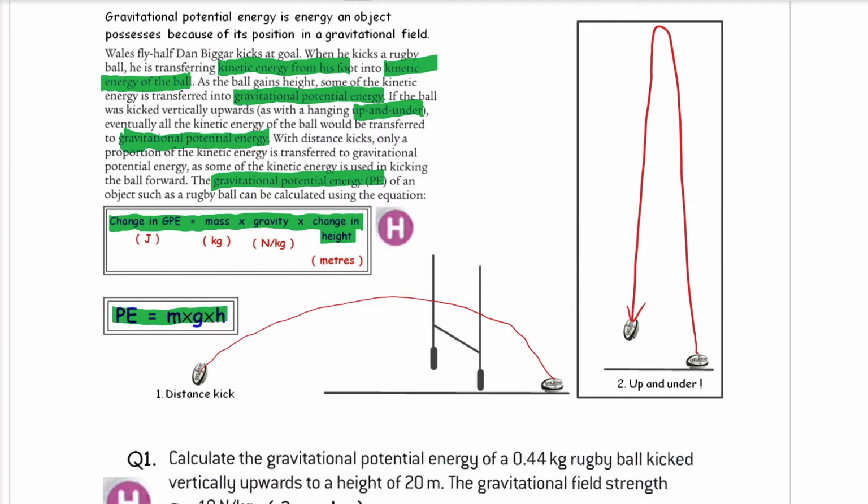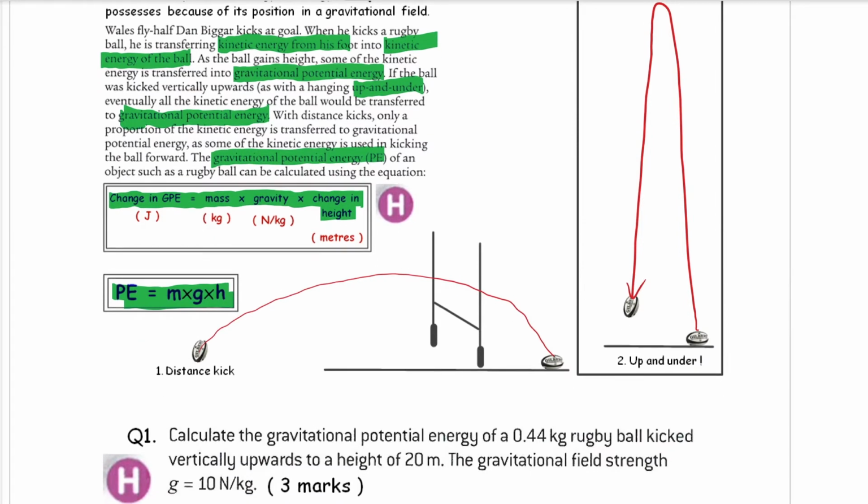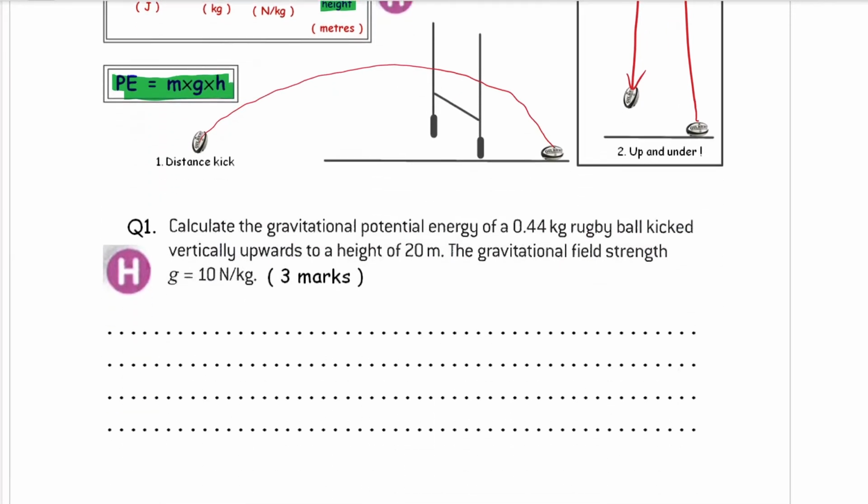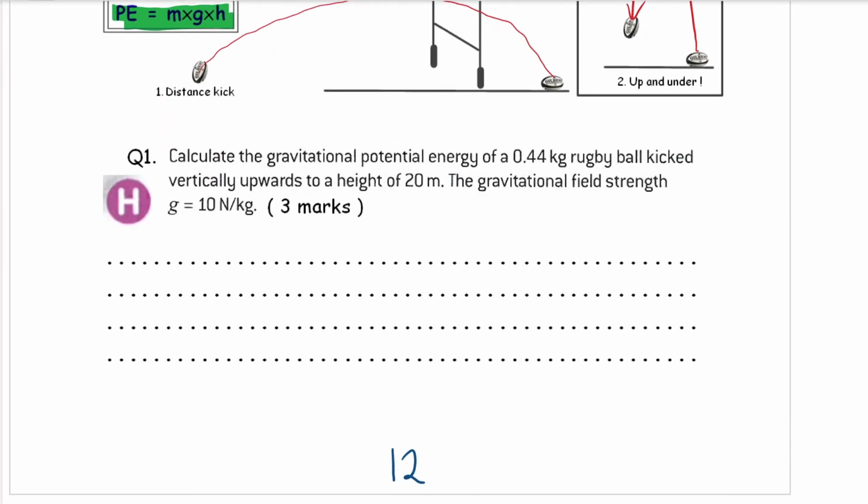Underneath, it's the same equation, but just using the symbols for mass, gravity, and change in height. Calculate the gravitational potential energy of a 0.44 kilogram ball. So again, highlight the important parts. Kicked vertically upwards 20 meters. You know, again, equation, numbers, answer, units. If you do that, you can't go far wrong.